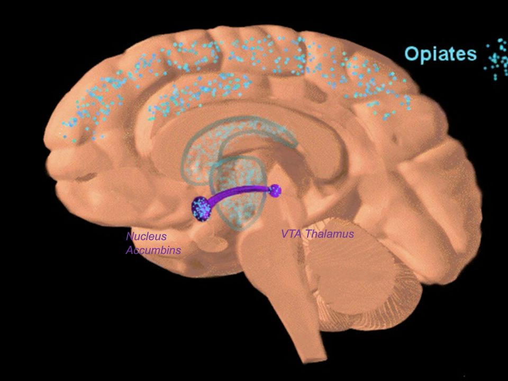If there's not enough dopamine in the nucleus accumbens, you get into some of the problems with drug withdrawal and depression. But you can see that opiate receptors are working not only very strongly in that area, but also in many other areas of the brain which have to do with executive function and, of course, pain sensation. That's where opiates do a lot of their work.